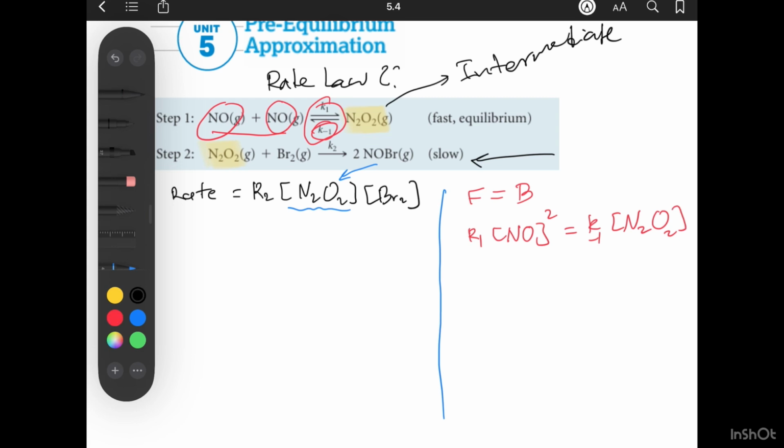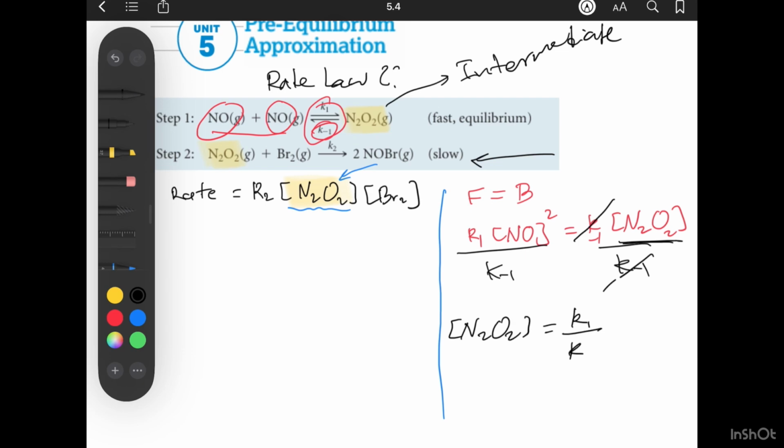Since we don't like to see the intermediate in our rate law, I have to get rid of this, so we divide over k-1 and cancel the k's. Then N2O2 is equal to k1 over k-1 multiplied by [NO]^2. This magnitude, highlighted in red, will be substituted instead of this one in here.